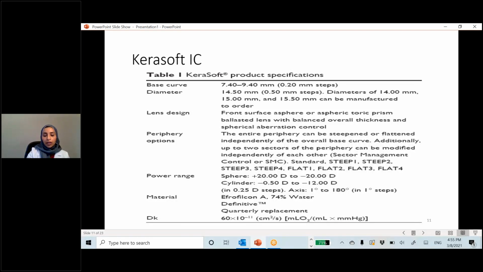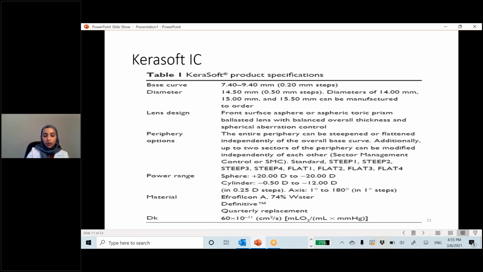So what's nice is we have those challenging corneal transplants, for example, and oftentimes they have an oblate profile, so that means they are flatter in the center, steeper in the periphery. So if we were to fit a corneal GP lens, there would be a lot of edge lift.